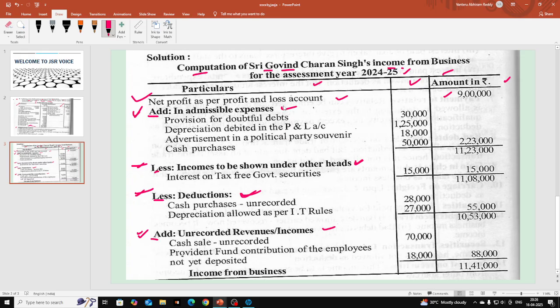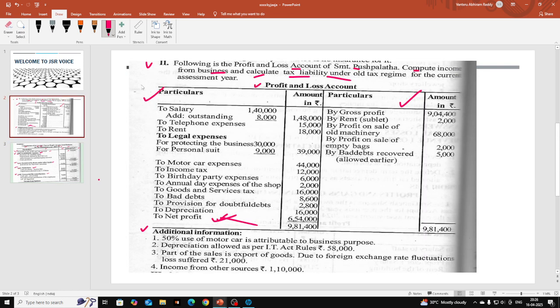For inadmissible expenses, what you have to see is: go to the question and check the debit side items only. Actually we should not write these in this question, but they have recorded them. We should pick those items and record them under inadmissible expenses.